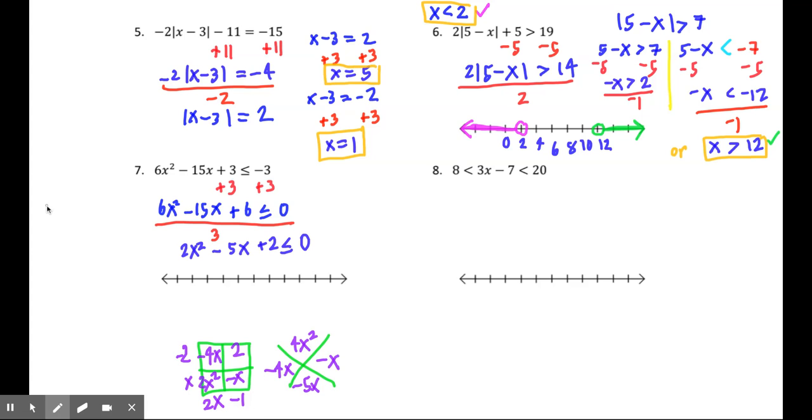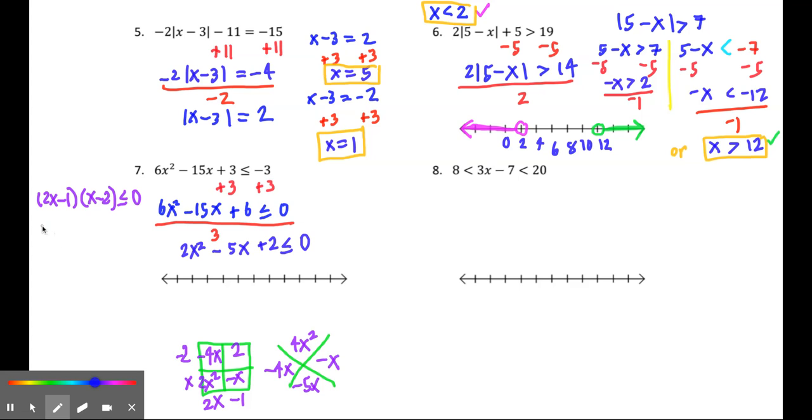So this factors to 2x minus 1 times x minus 2 is less than or equal to 0. Okay, and then what you want to do is a sign analysis. First, you want to figure out where your quadratic is 0.